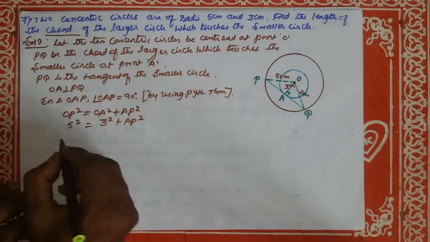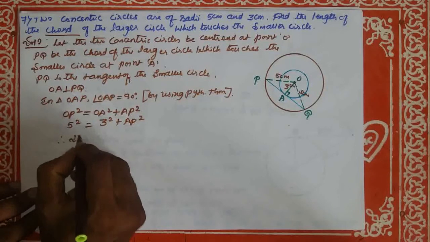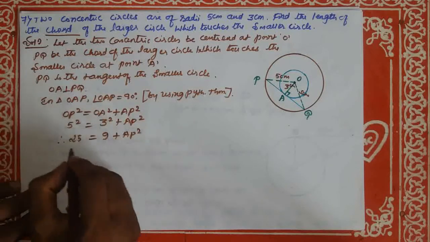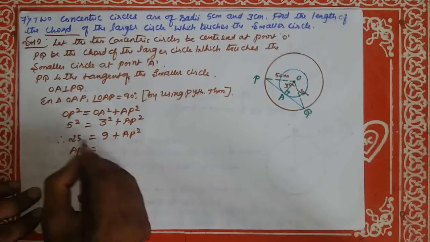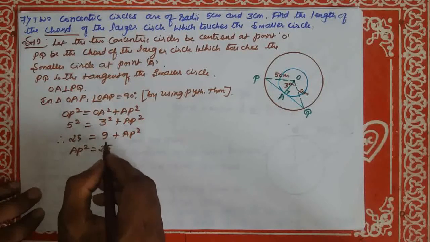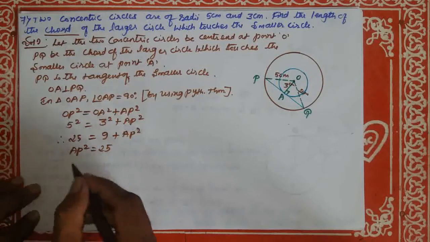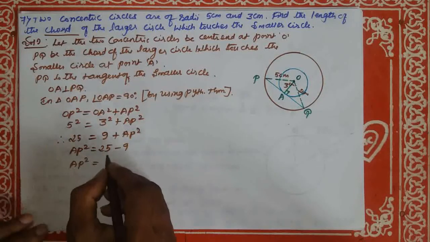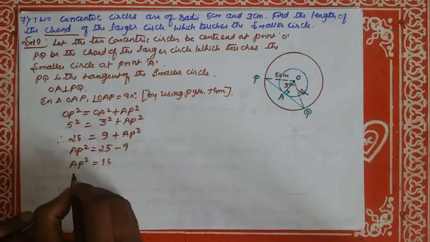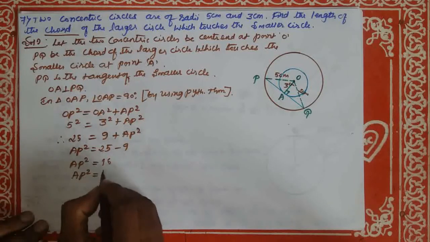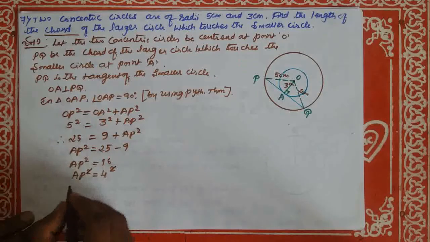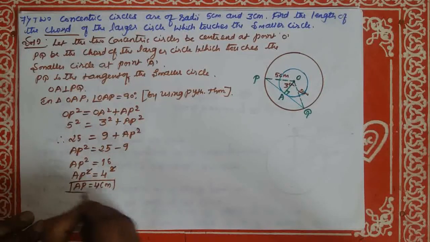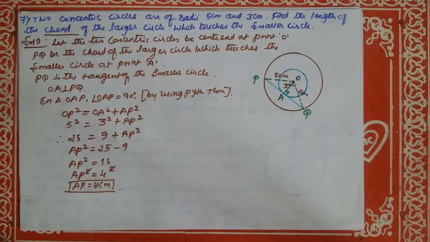Therefore 5 square is 25, 3 square is 9 plus AP square, so AP square is equal to 25 minus 9, which is 16. AP square is equal to 4 square, and AP is equal to 4 centimeter.